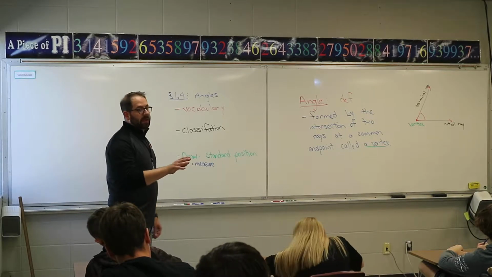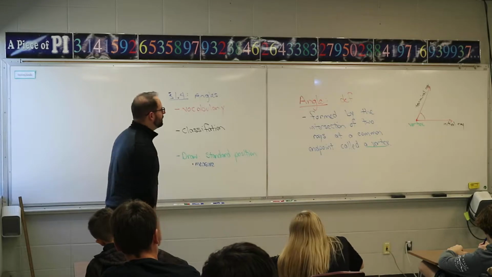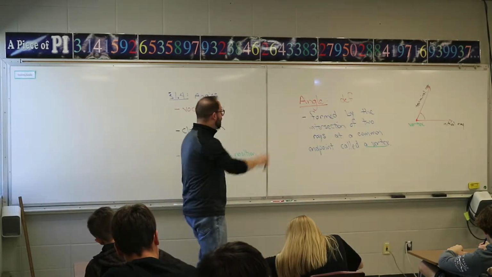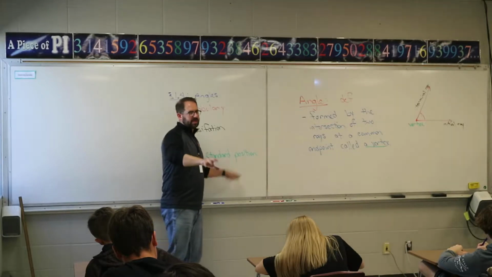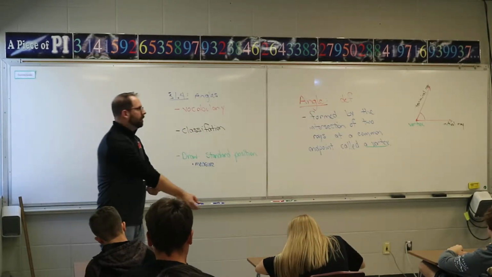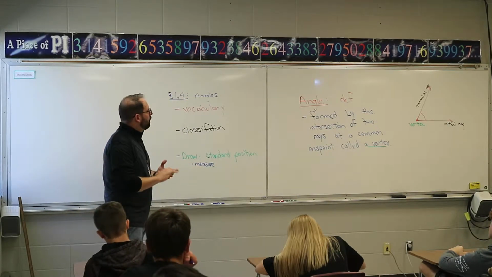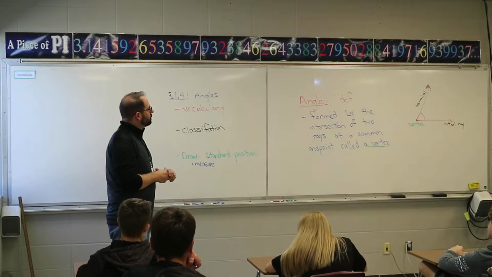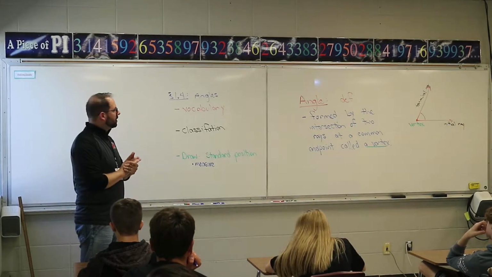Now, before somebody asks, yes, it doesn't matter which one's which. I'll explain that later. That naming system will make sense when we start drawing, so you know which one is the initial and which one is the terminal. Initial means starting, terminal means ending. All right, questions right now on the basic definition and what it looks like?